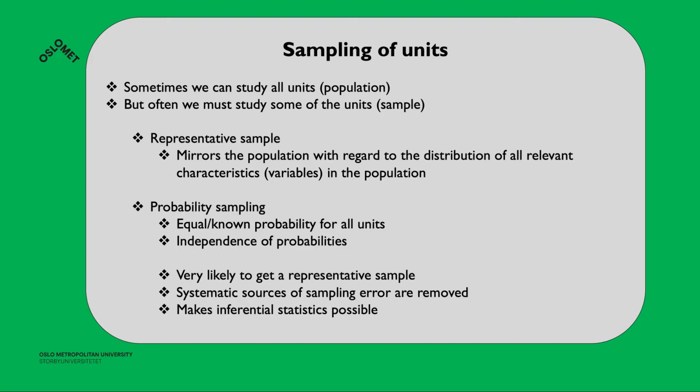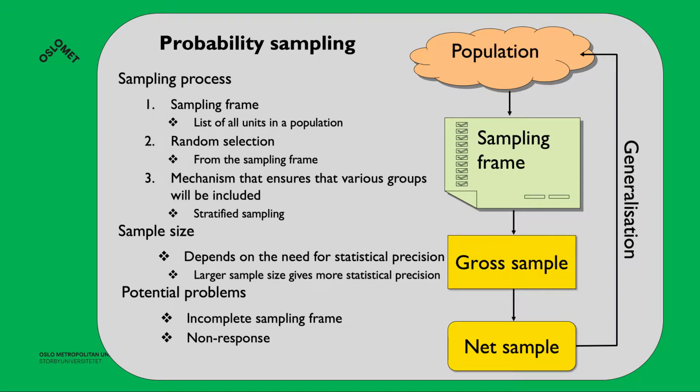And if we have this probability sampling, then it's very likely to get a representative sample, because we remove all systematic sources for sampling error, and we make inferential statistics possible. That is generalizing from a sample to the population.